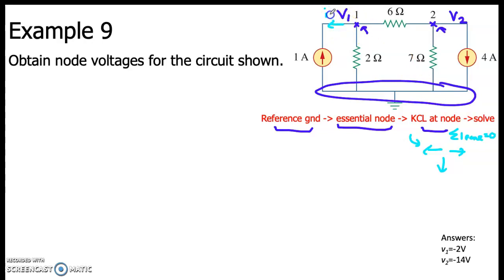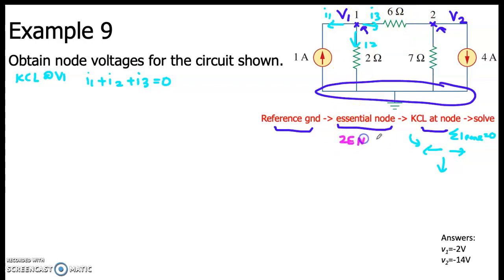Let's say this is I1, this is I2, this is I3. Okay, so by KCL, at V1, what is the equation of the KCL? I1 plus I2 plus I3 will be equal to 0.